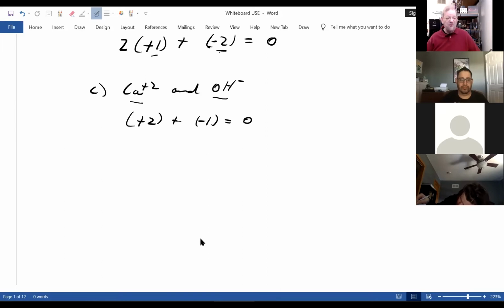Does this? No. What do we do? Well, if this is a +2, I need this to be a -2. I'll put a 2 there. How do we show that? I have 1 calcium. That's what this tells me. But how do I show 2 of the hydroxide? Well, when it's a polyatomic ion, there's more than 1. You have to put it in a bracket. And how many do I need? 2, subscript to the right of the bracket, and that's calcium hydroxide. That's a major part of cement.